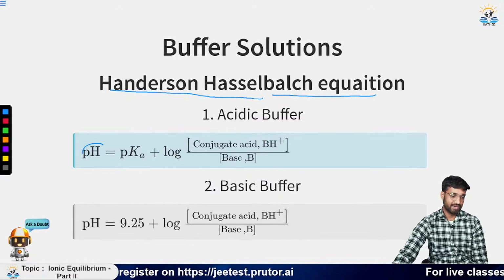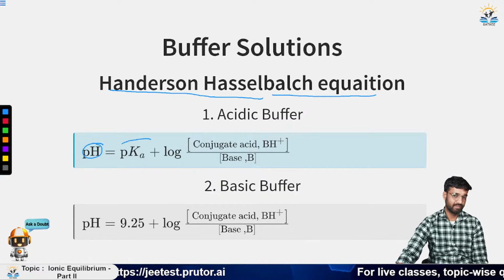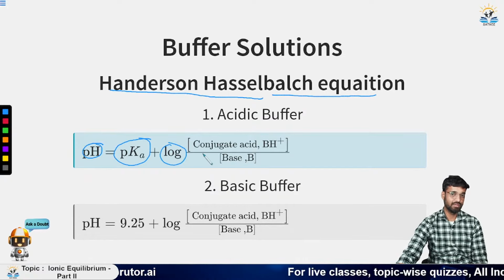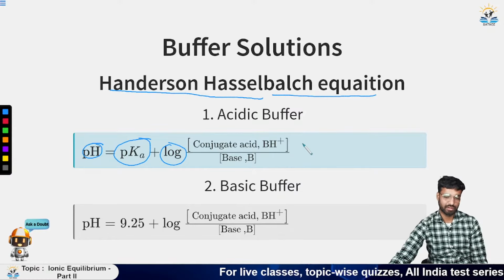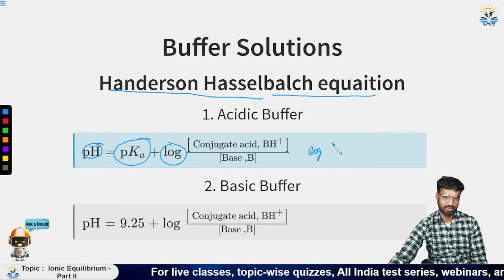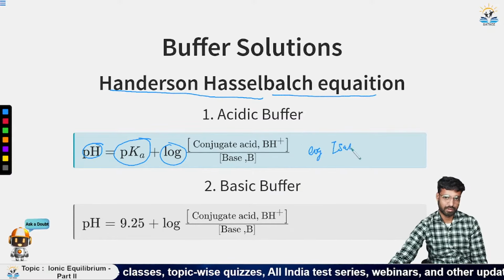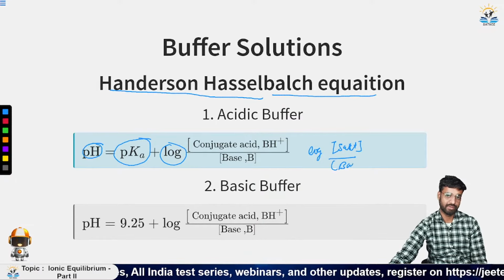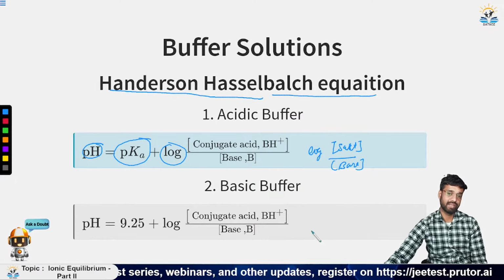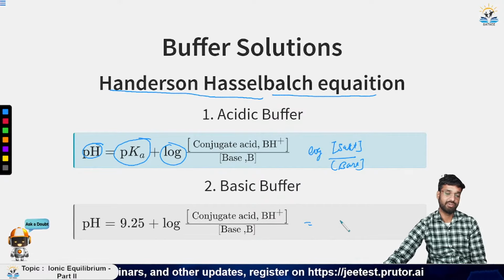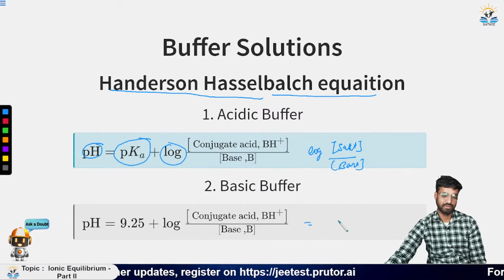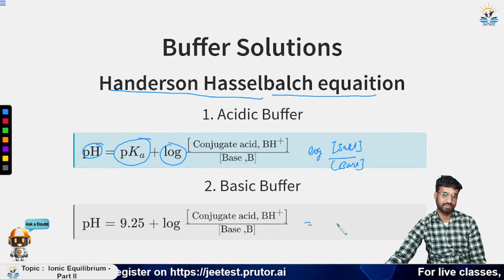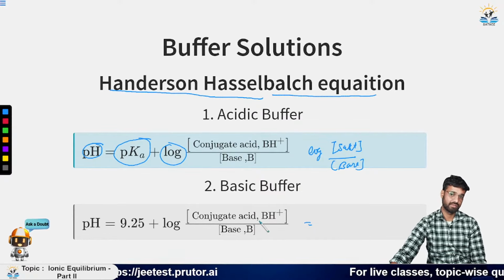If we calculate the pH for an acidic buffer, it will be simply pKa plus log conjugate acid by base, or you can also say log salt by base. So it is the concentration of salt we have, and the remaining base that we are having after neutralization.